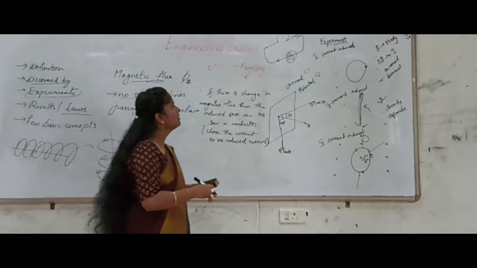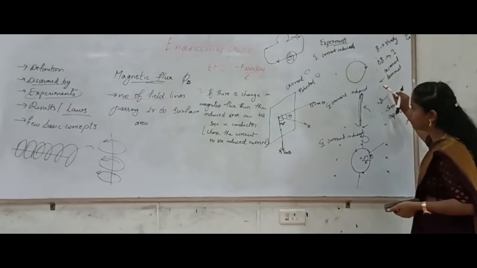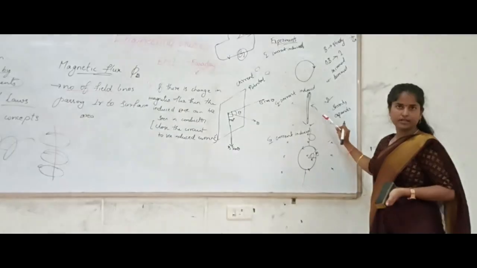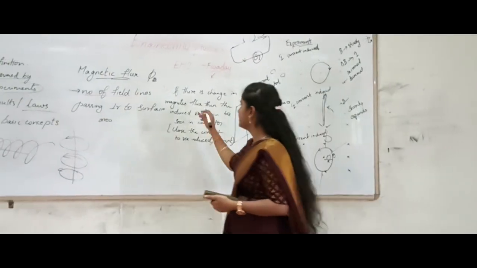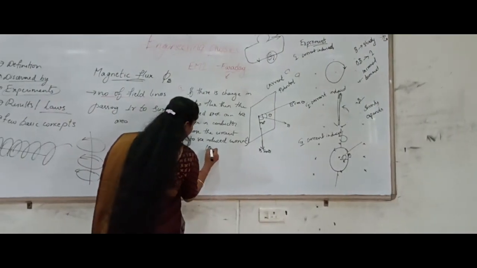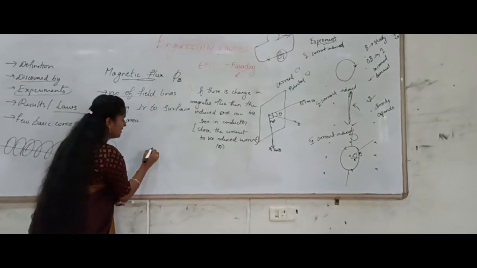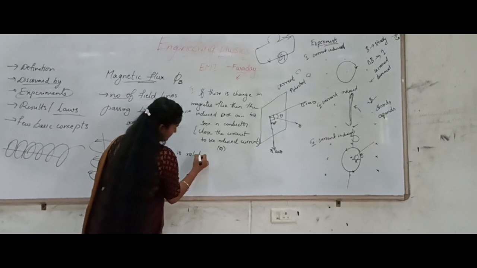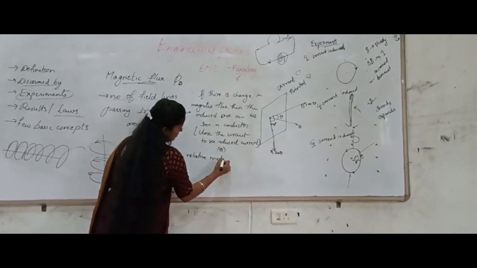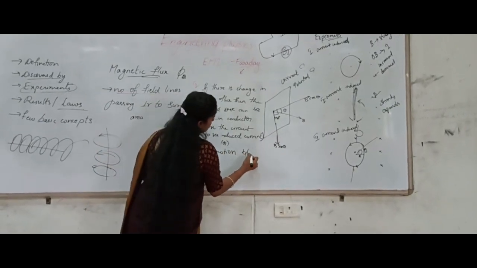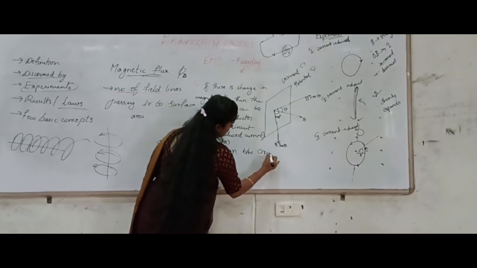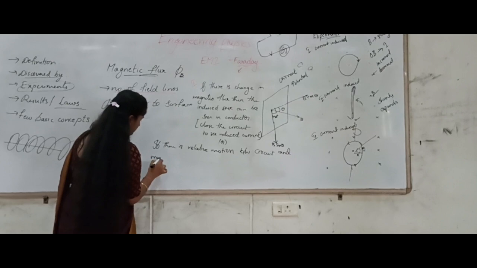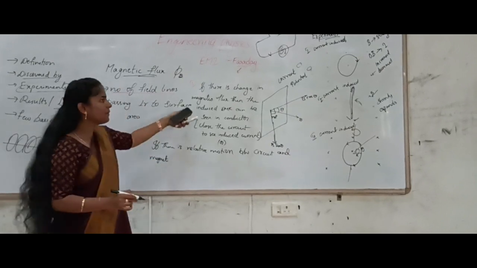So here, even without changing the magnetic field, without changing the magnetic flux, the current got induced. So he changed the statement and gave another form: if there is relative motion between circuit and magnet, there is no need to change only the magnetic flux.